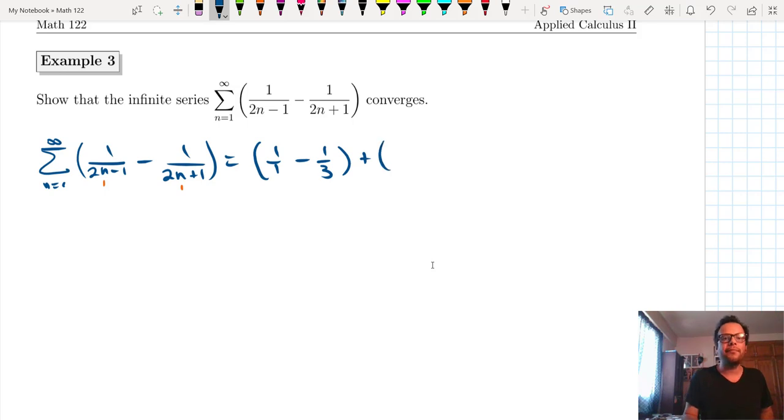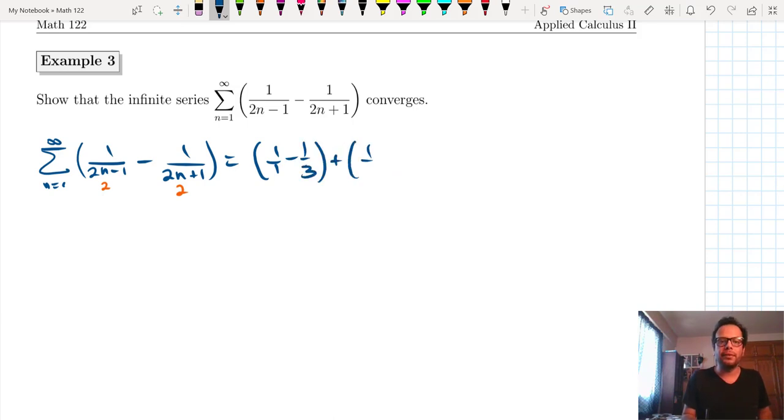Plus, if I plug in 2, 2 times 2 is 4 minus 1 is 3. Do you see the pattern actually? I think you can see it right away. How are the terms going to cancel?